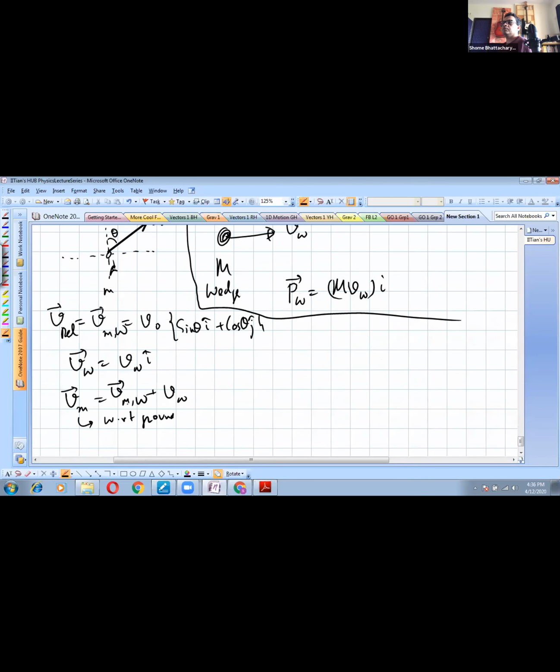So this should become V0 sine theta plus VW I cap plus V0 cos theta.